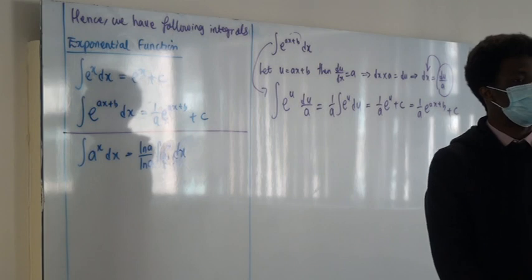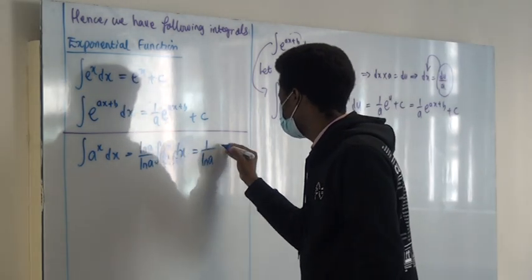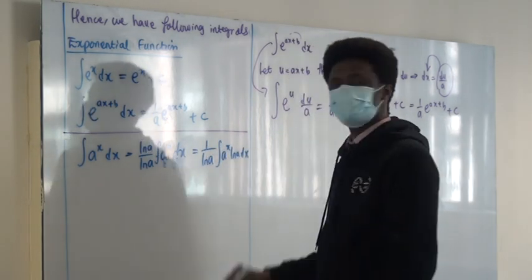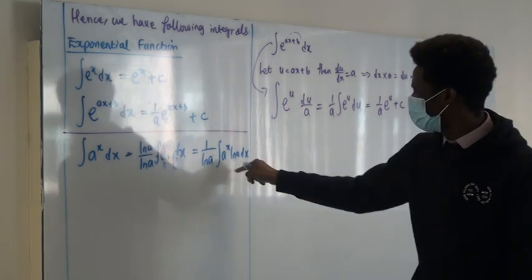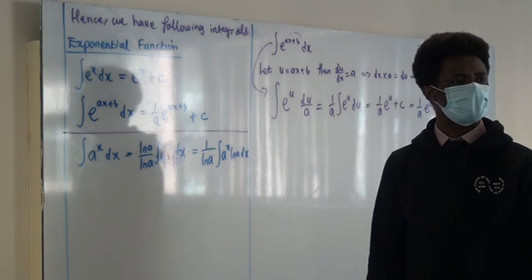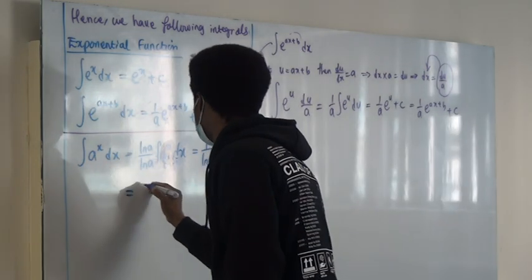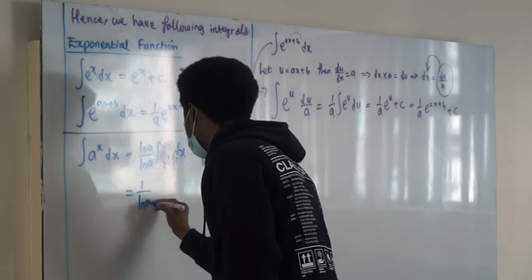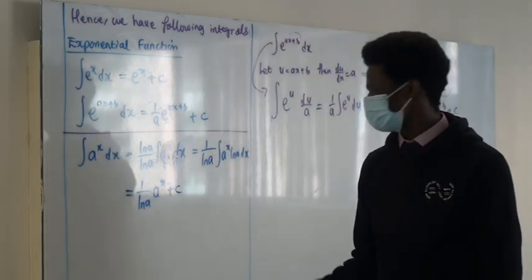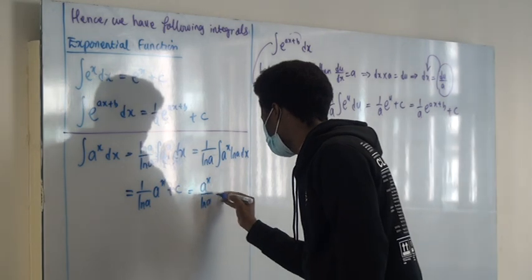I've not changed anything, isn't it? So that one can go in and one can stay away. Can you see that? Then this will be my a raised to power x from the derivative formulas. So the integral of this will be 1 over ln a times a raised to power x plus c, which is more or less a raised to power x divided by ln a plus c.